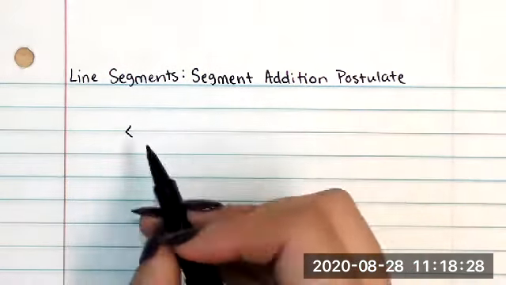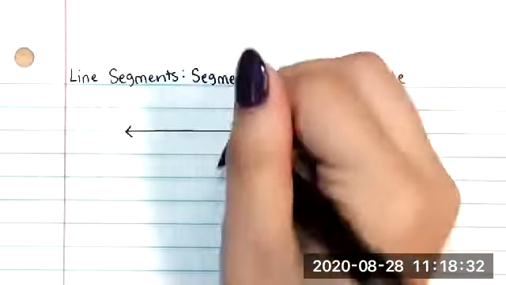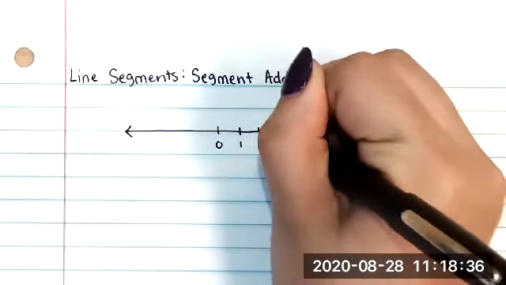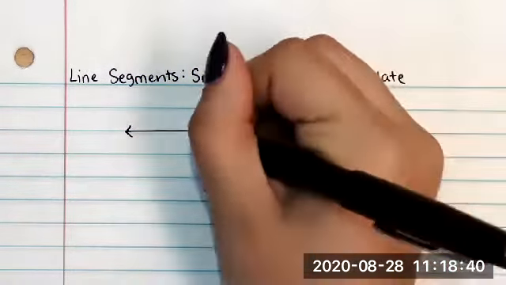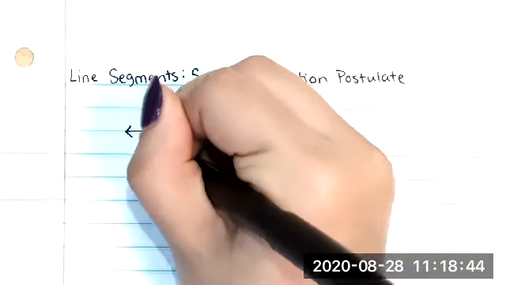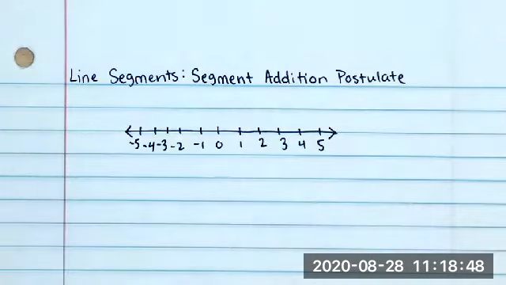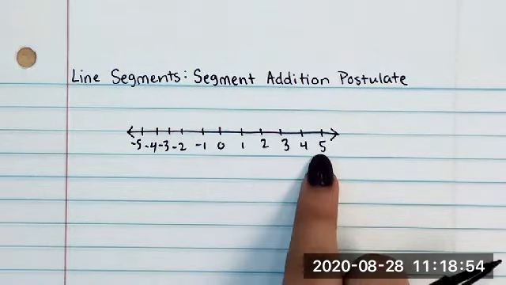So I started off yesterday by talking about a number line. I'll just take a moment to construct one. Okay, I didn't do a super great job on that one. That's okay. So let's imagine this number line that goes from -5 to +5.